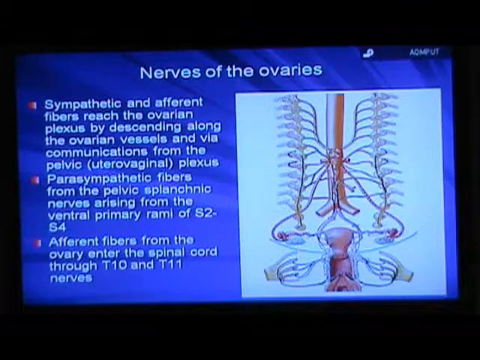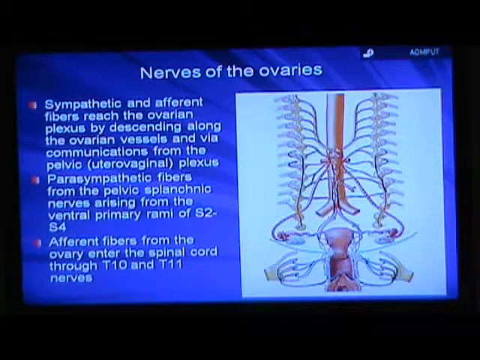The nerves of the ovaries: the sympathetic and afferent fibers reach the ovarian plexus by descending along the ovarian vessels, yes? So the ovarian artery and vein, and via communications from the pelvic, so the uterovaginal plexus.